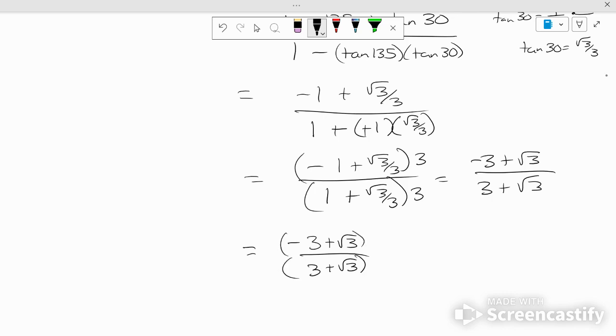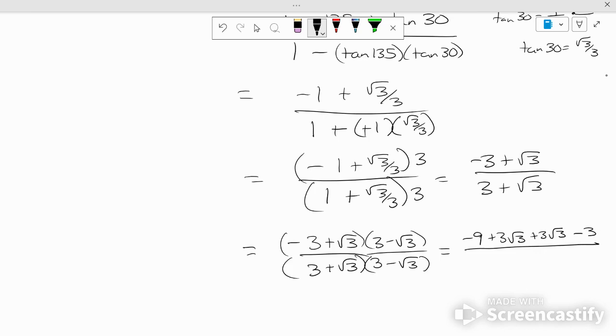Well, we multiply by the conjugate of the denominator. So negative 3 times 3 is negative 9. Outers is 3 square root of 3. Inners is 3 square root of 3. Last times last is negative 3.